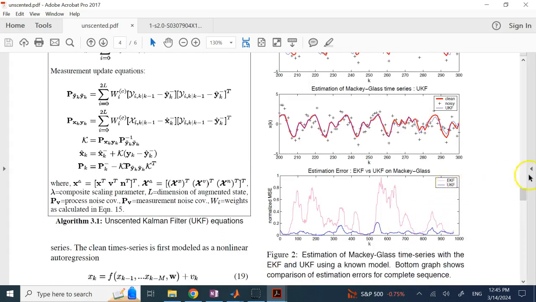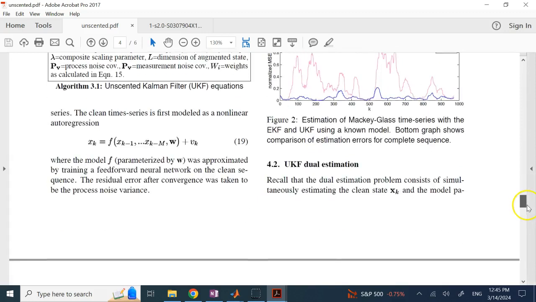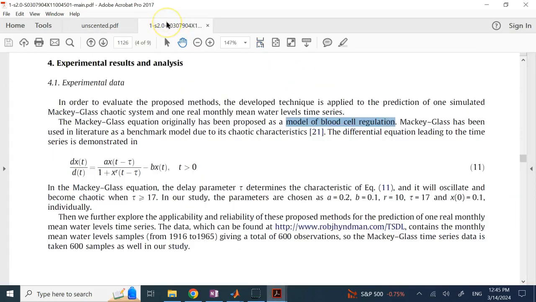And that is because the equations are quite hard. Although they are differentiable, they are highly nonlinear. Now, what kind of equations are these? The differential equation governing x is dx over dt equals a times x of t minus tau. So the hard part about this is the delay.